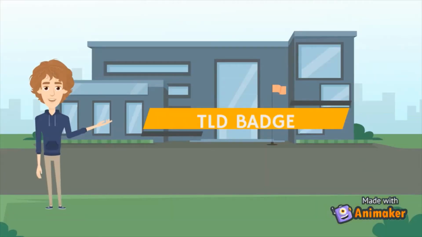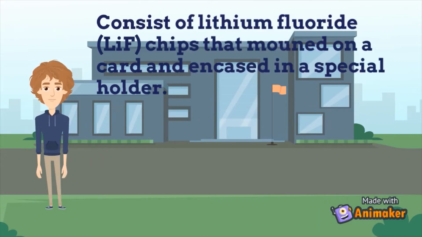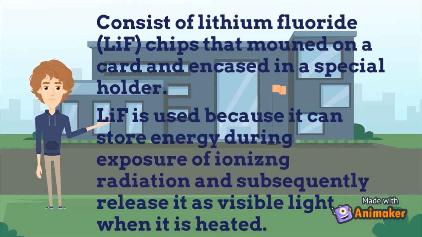Now, let's take a look at the TLD badge. A TLD badge consists of 2 lithium fluoride chips mounted on a card and encased in a special holder. Lithium fluoride is used because it can store energy during exposure to ionizing radiation and subsequently release it as visible light when it is heated.